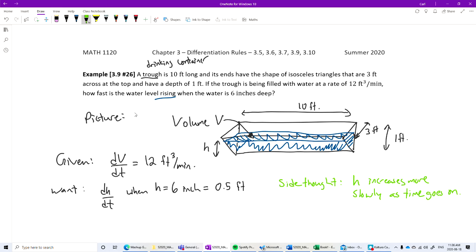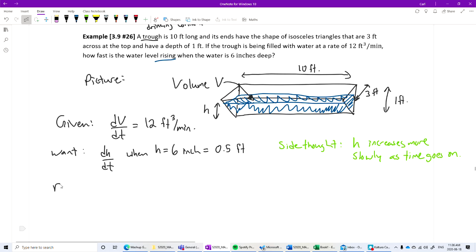Okay, so now what I need is a relation between H and V. Now, this is the first one where it's actually kind of challenging here. So I need a formula for the volume of water as a function of height. How does the volume depend on height? Well, the shape is called a prism, right? Not prison, but prism.